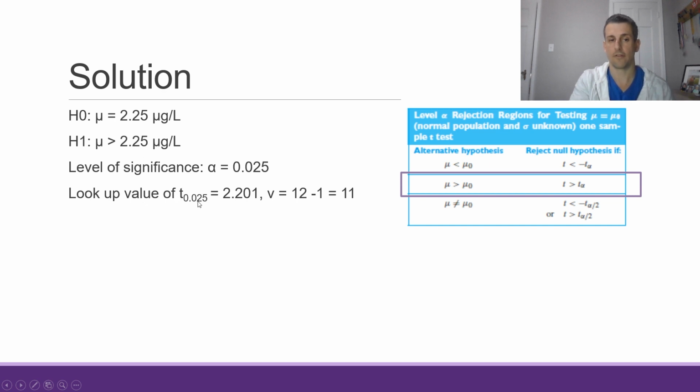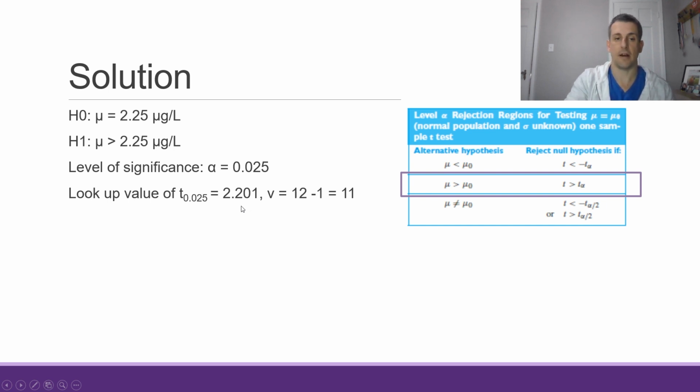We look for T 0.025, and we have the degrees of freedom: 12 total samples, subtract 1, we get 11 degrees of freedom. So in the column, we look at 11 and 0.025 for alpha, and we come up with this T value.